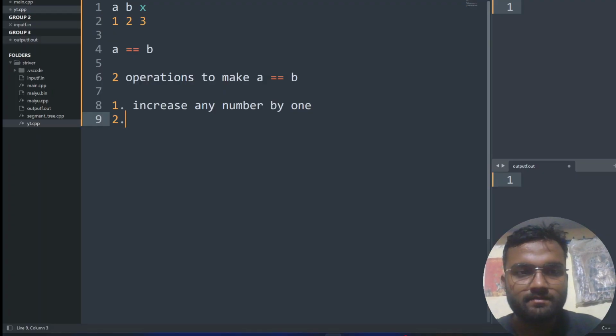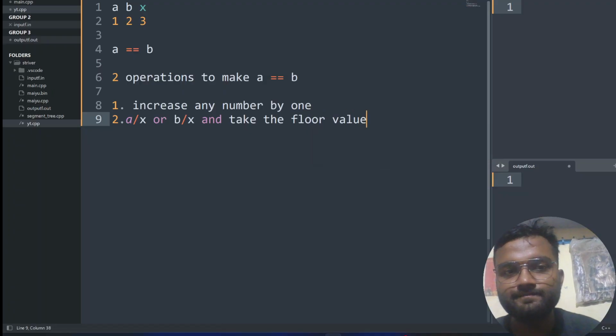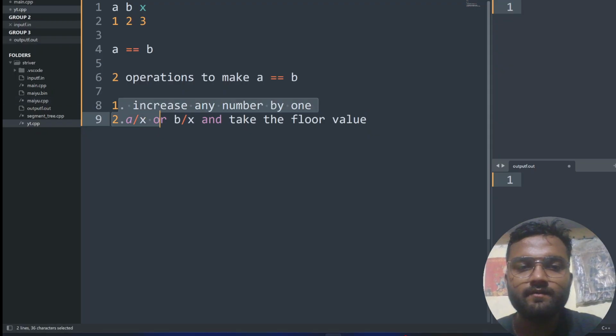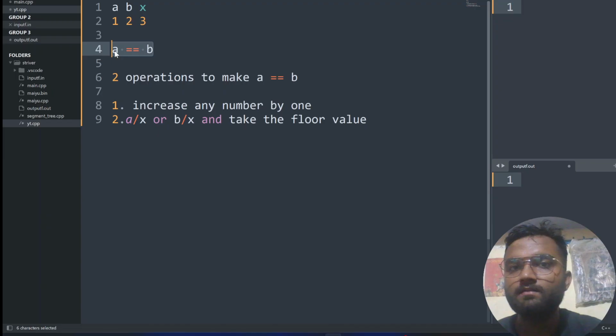So these are the two operations we can do, and our goal is to make a and b equal in the minimum number of operations.